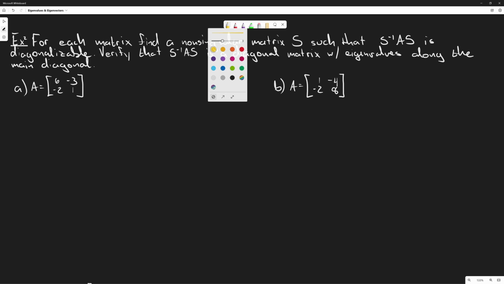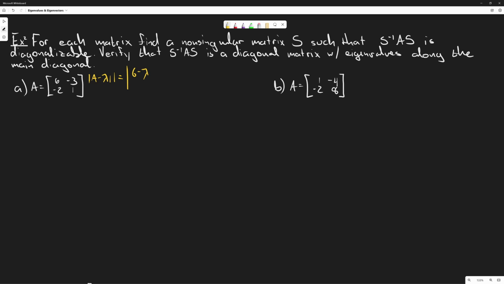So to find our eigenvalues, we have to use the characteristic equation. You can use either characteristic equation; this is my preferred one. So now we have 6 minus lambda times 1 minus lambda, then minus 6, and that is equal to 0.